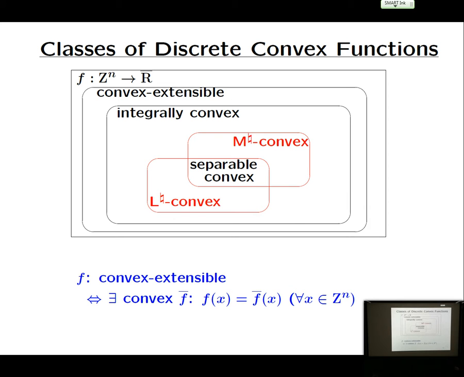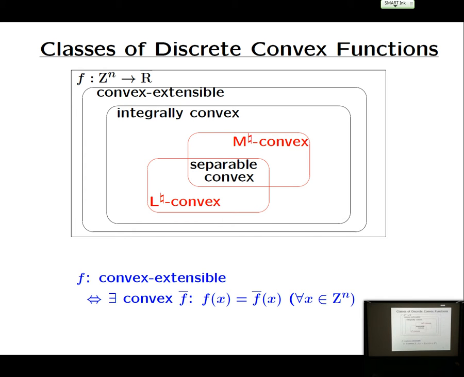So the function classes actually look like this, although I didn't define this concept yet. f is defined on integer points, and a subclass is the convex extensible function. Convex extensibility means that there exists a convex function in real variables which coincides with your function at the integer points. And a subclass is the integrally convex function, and the separable convex function here.